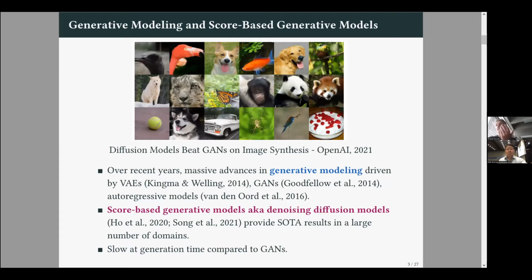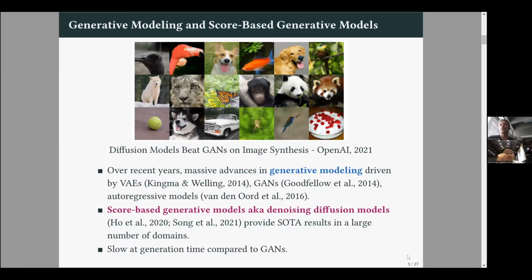And those denoising diffusion models are also at the core of the very recent developments in text-to-image models, such as DALL-E 2 that was developed by OpenAI, as well as Imagen by Google. I'm sure you've already seen some demos of these models, and it's extremely impressive.